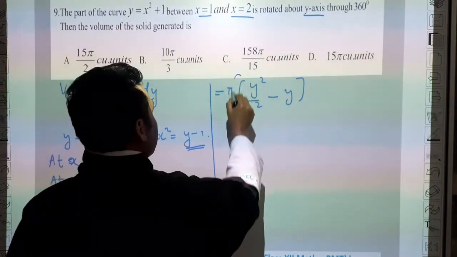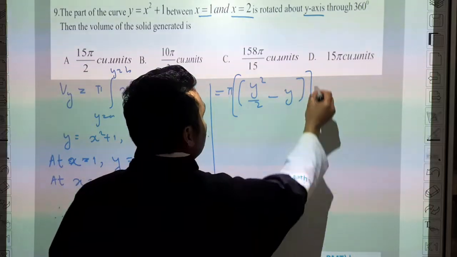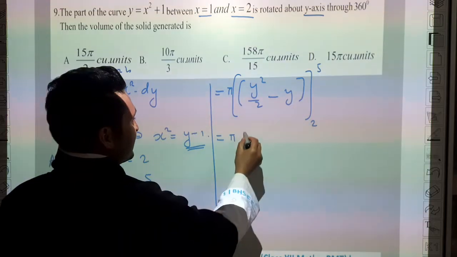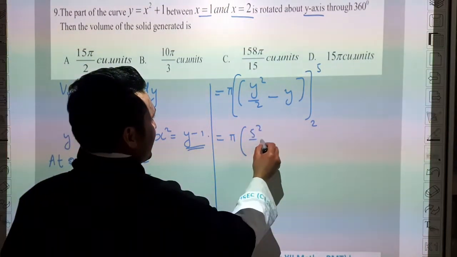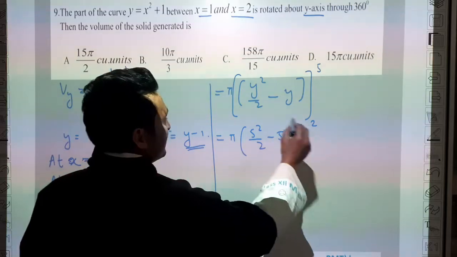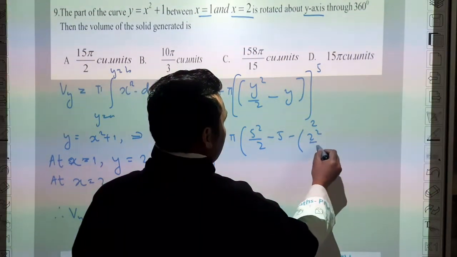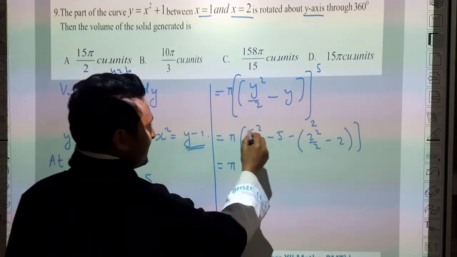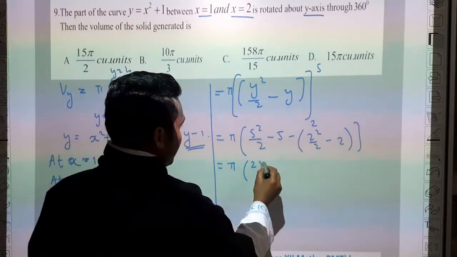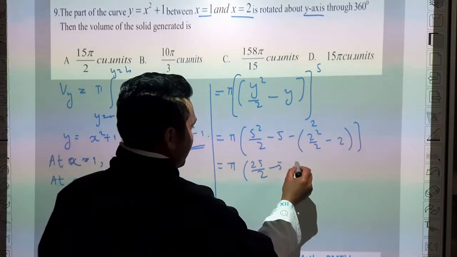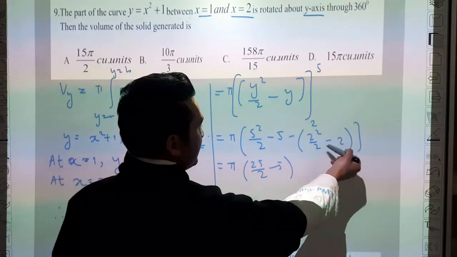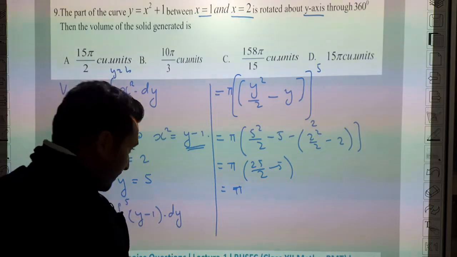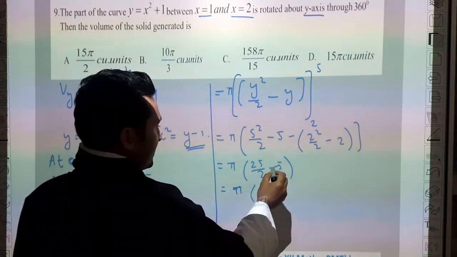And just put the limit, that is from 2 to 5, right? 2 to 5. Now when we substitute this limit, what we get is 5 square divided by 2 minus 5 minus 2 square divided by 2 minus 2, which is equal to pi times 5 square is 25, so 25 divided by 2 minus 5, and this part is 0, so which is equal to pi times this 25 divided by 2 minus 5.